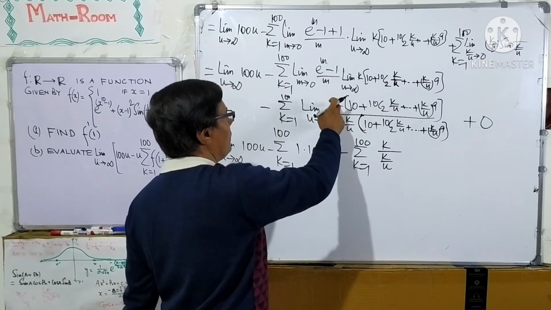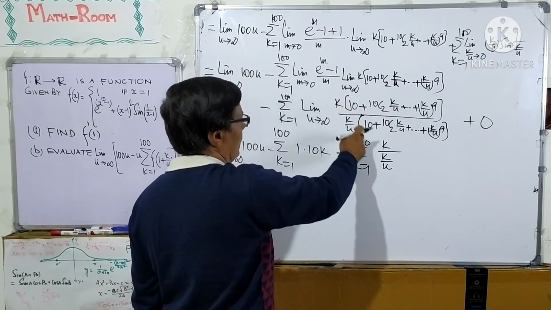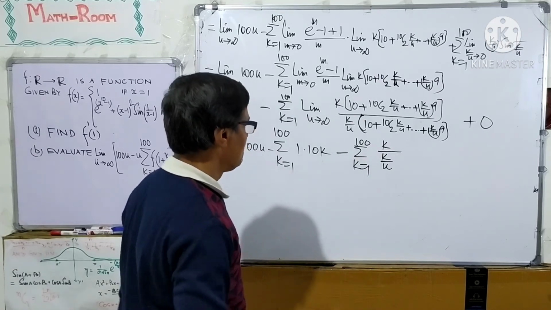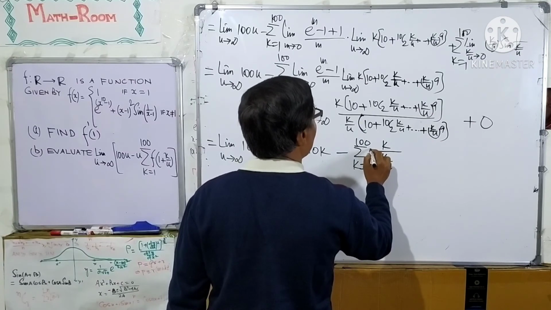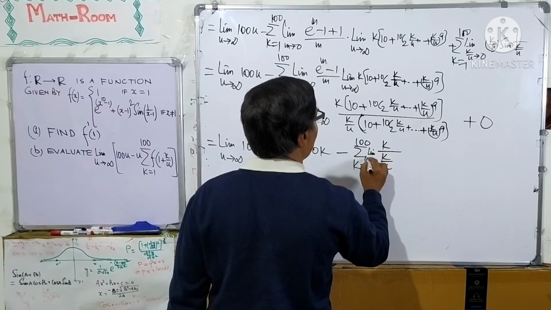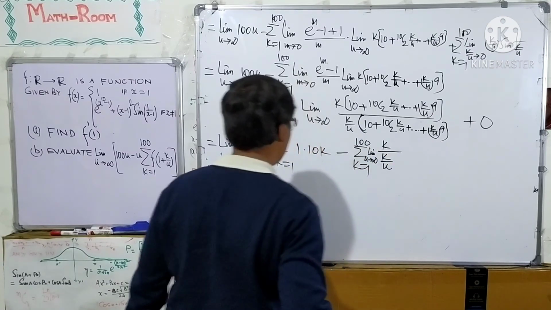So, we have only got k over u, and also the limit as u tends to infinity.